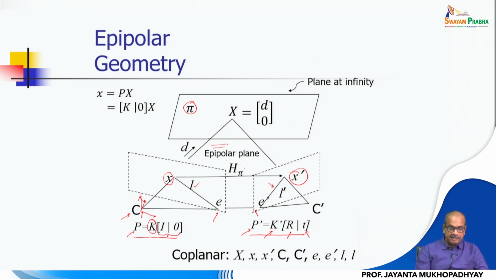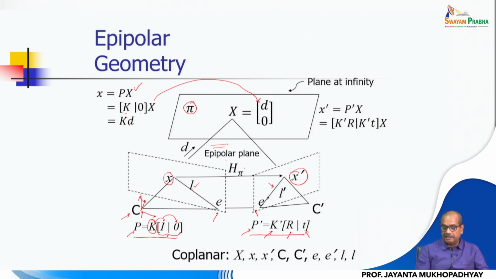If I consider the image of that point X, which will be P into X, once again K, I have just taken K inside, so K[I|0] into X, and since X is (d, 0), it is basically K into d.